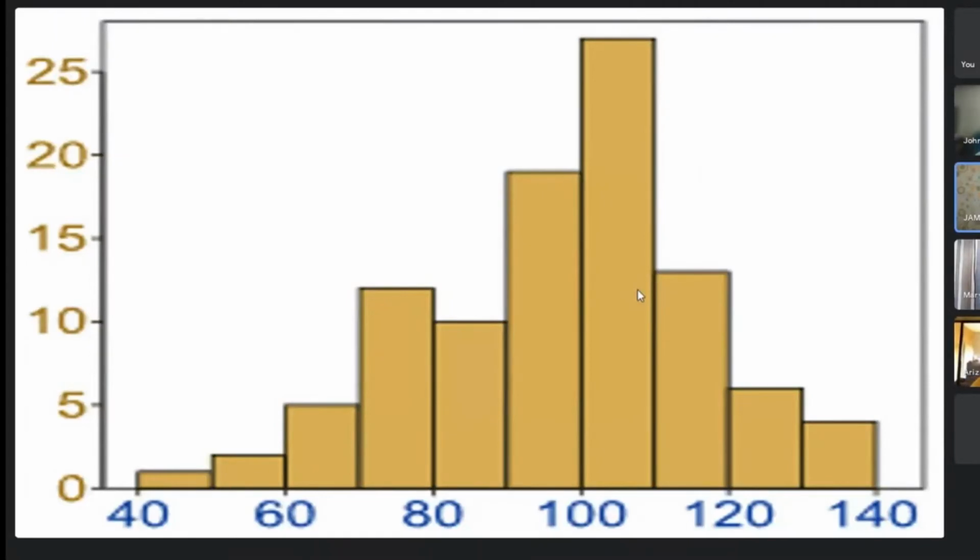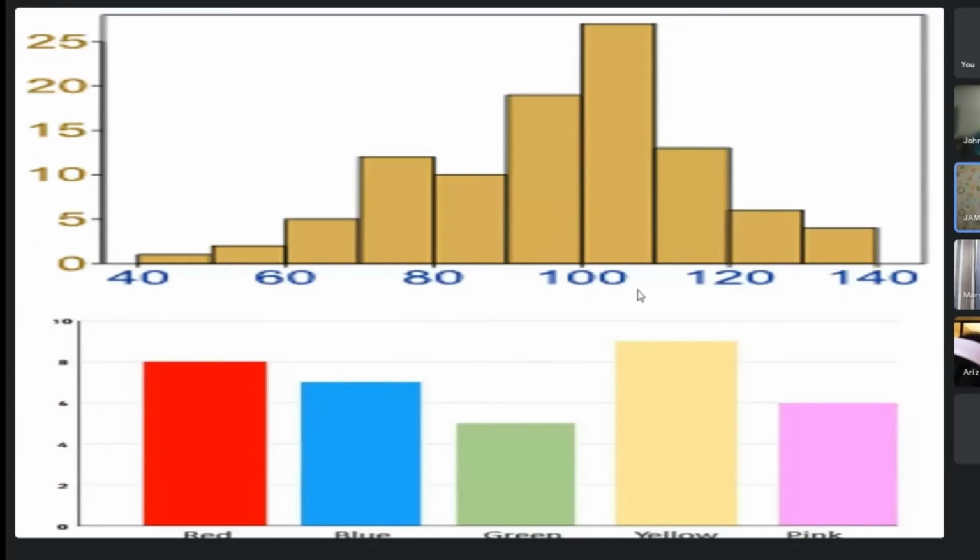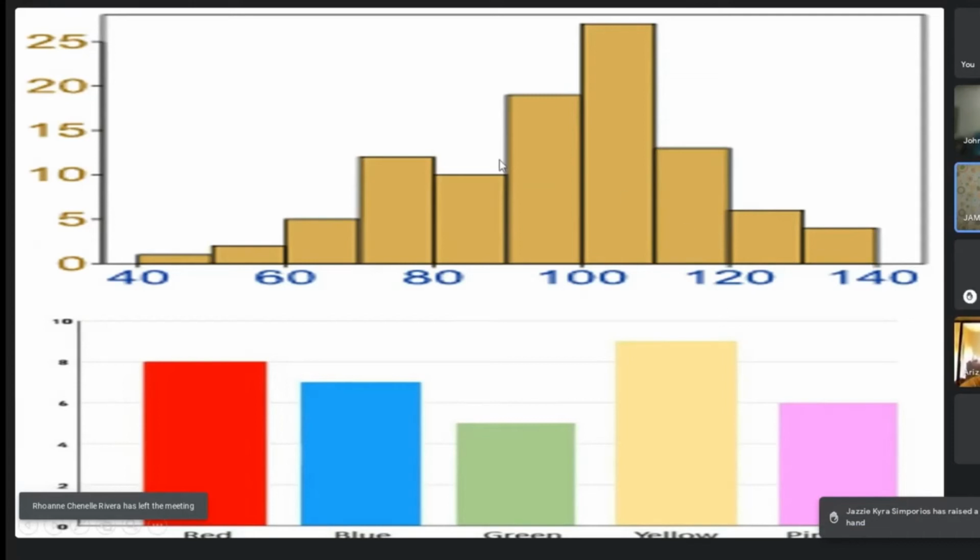As you can see here, just like bar graph, we also use bar to represent this data. But unlike bar graph, what do you think is the difference between the two? Anyone? By these pictures or figures, what do you think is the difference between these two? Yes, Jazzy?